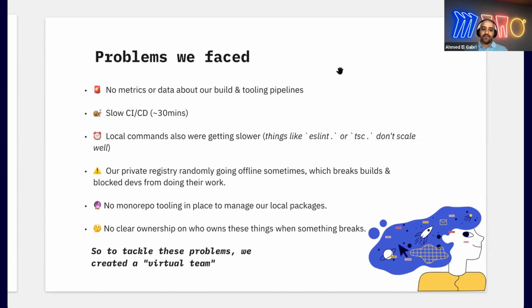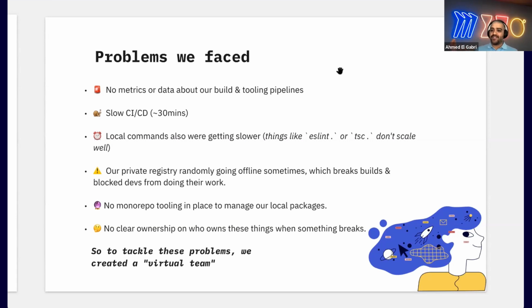We also used to have a private registry using Nexus. This sometimes randomly went offline, which breaks the builds, breaks CI and CD, even breaks local development because we depend on this, and blocked developers basically from doing any of their work. And if you see this point with point number 2, this adds to the problem.